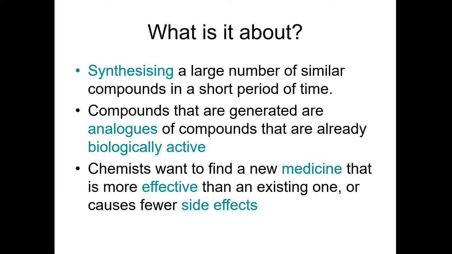I mentioned that in the previous video. Sometimes we want to reduce the cost, sometimes we want to reduce the side effects, or find a drug that causes fewer side effects. We want to find an effective drug.